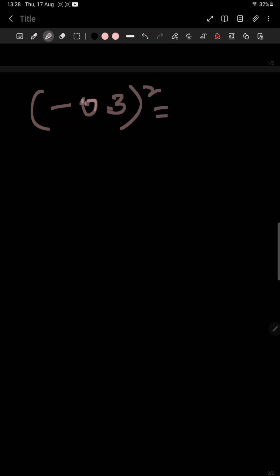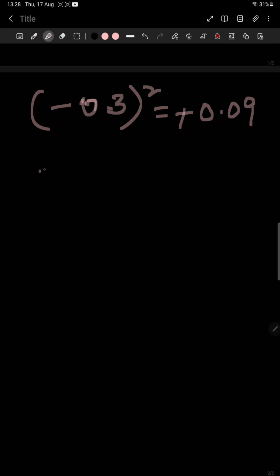Yes, the answer will be positive and it will be 0.09, because 3 multiplied by 3 gives 9, and 0.3 multiplied by 0.3 will give us 2 decimal places. Here some students make the mistake, they write 0.9, but over here it will be 0.09.